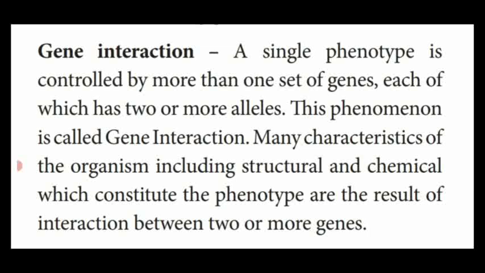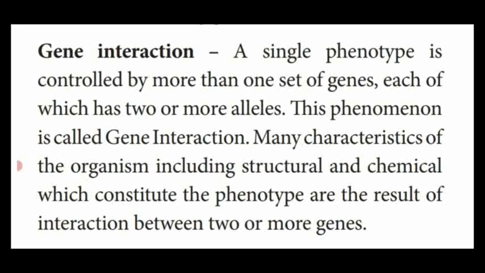Now it is not only one gene; more than that, different genes are also controlling the external character, with a pair of alleles. There can be only 2, or more than 2 alleles. This phenomenon is called gene interaction.